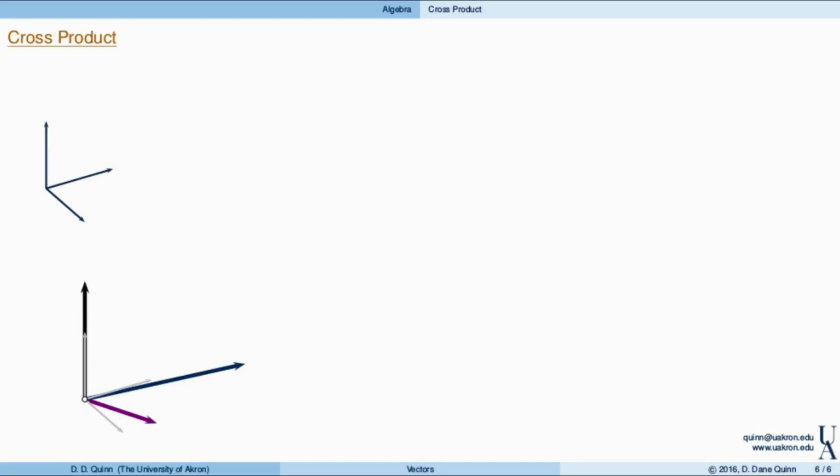So the final operation that we'll deal with is the cross product. So again, this is not multiplication. It's different. Multiplication is defined in terms of scalars. This is the vector cross product. So this operates on 2 vectors. So we have one vector cross another.